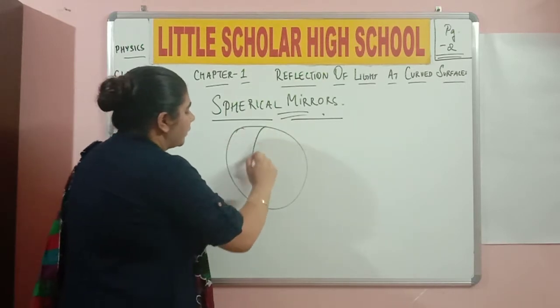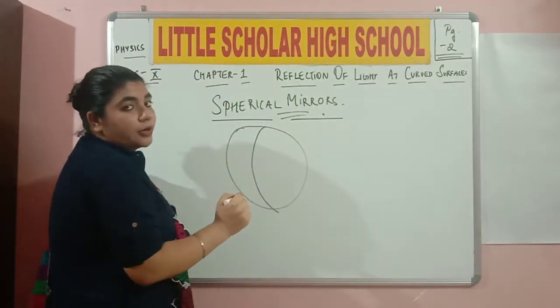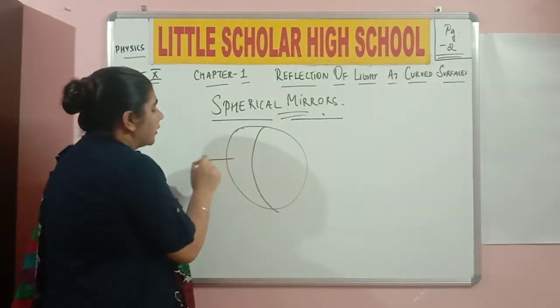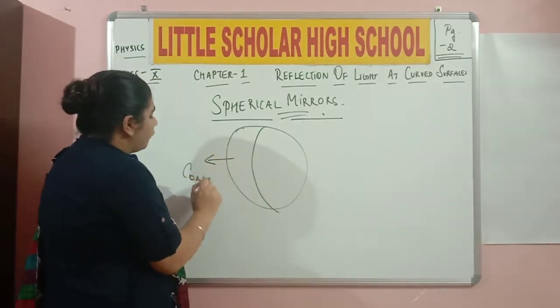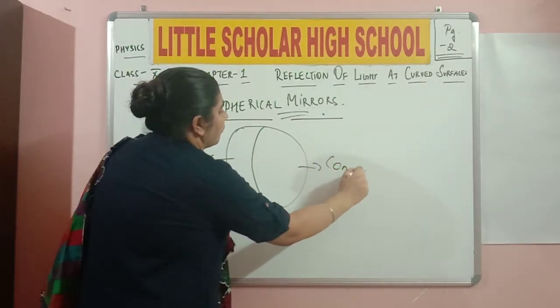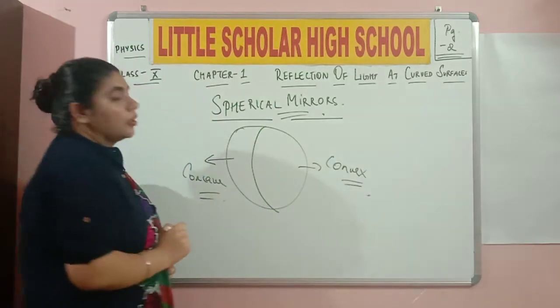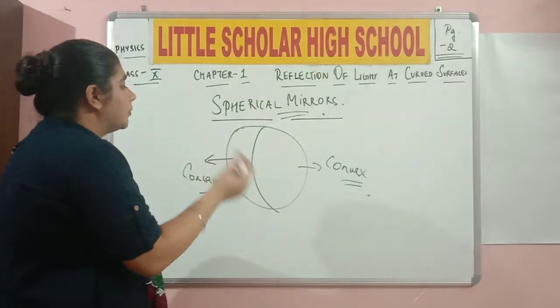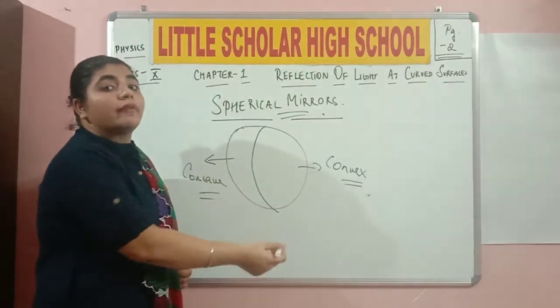If I divide the sphere into half or cut the sphere into a particular shape, I can understand that this will be my concave shape and this is my convex respectively. So from now onwards, you are going to refer to the spherical mirrors as nothing but the concave and the convex mirrors.